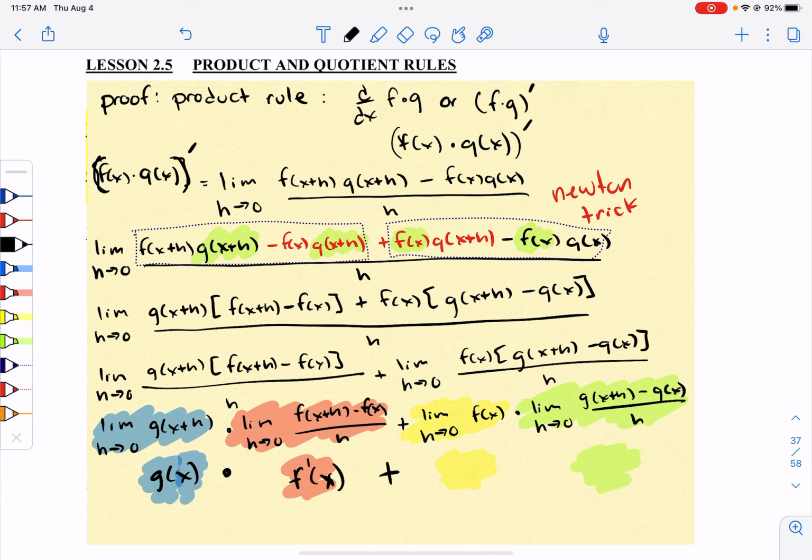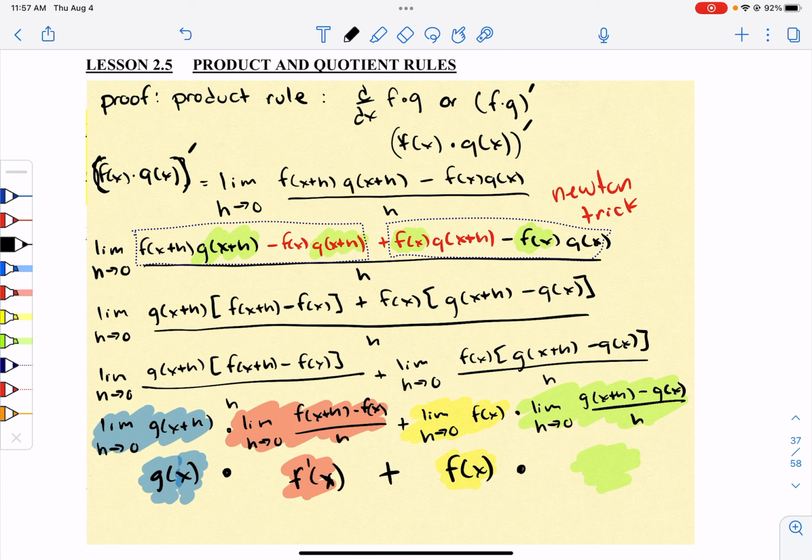And then I've got this big plus sign. Now my limit as h goes to 0 of f of x, well, there's no h even in that function. That function is just f of x, multiplied by the limit as h goes to 0 of g of x plus h minus g of x over h. Now what's this one turn into?